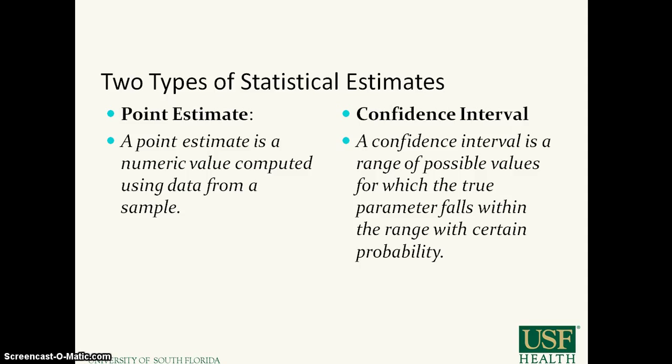That's a confidence interval. So we assume the true value lies in that confidence interval with 95% probability. So you have point estimate and you have confidence interval. And confidence interval is always preferred over point estimate because it really shows you the uncertainty in the data when we use the data to estimate a population parameter.